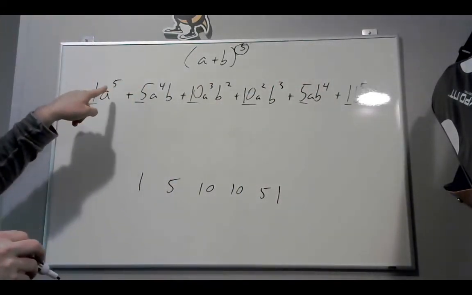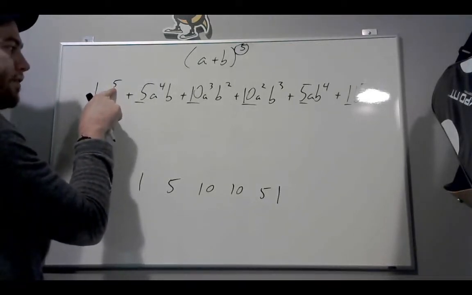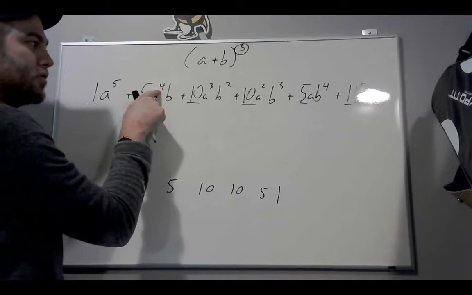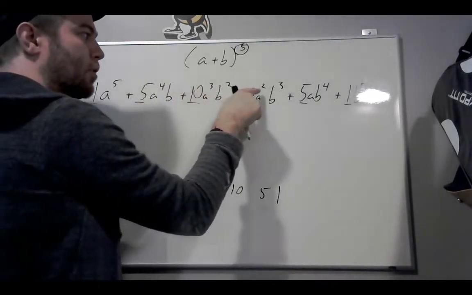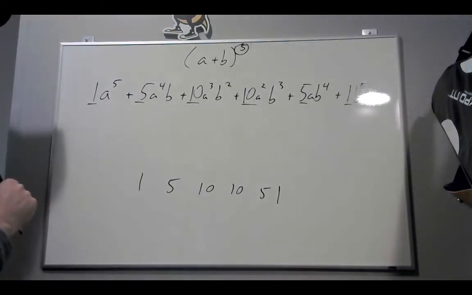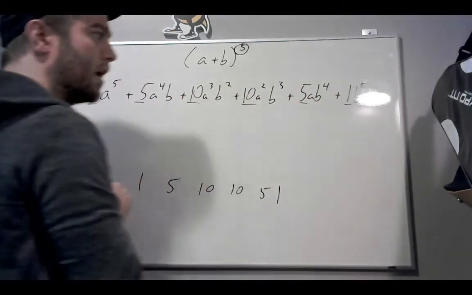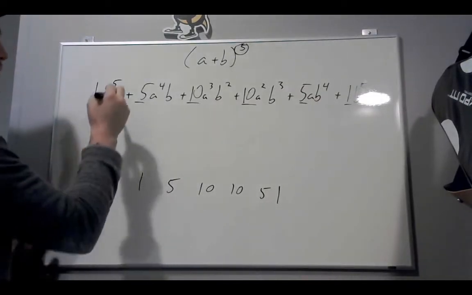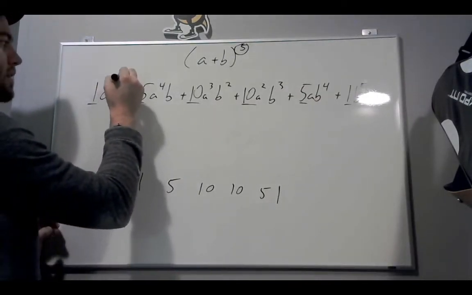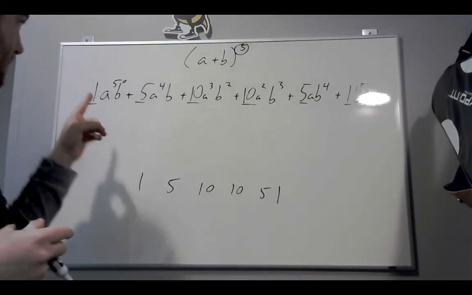Also, if you notice, here I'm starting from a to the fifth power, and in every single term my exponent is decreasing by 1 until there's nothing left. And the same with b, but b is increasing over time. So to help you, this is actually going to be b to the 0th power, and anything raised to the 0th power is 1, and that's why it doesn't exist.